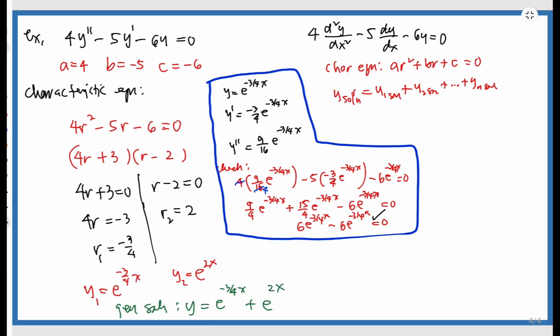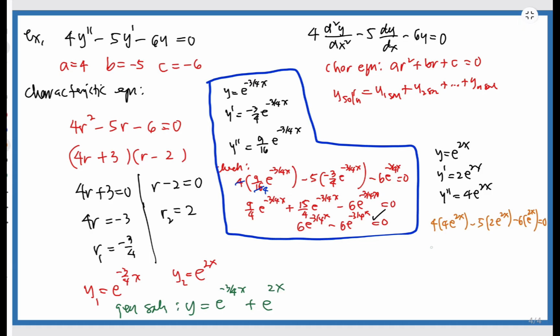So let's try to check out y equals e to the 2x, y prime is 2e to the 2x, y double prime is 4e to the 2x. So let's check out 4 y double prime, so 4e to the 2x minus 5 times 2e to the 2x minus 6 e to the 2x, is it equal to 0?